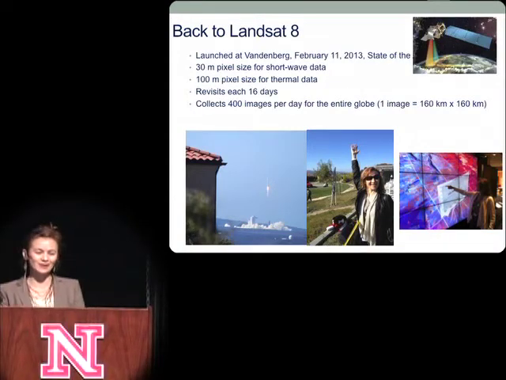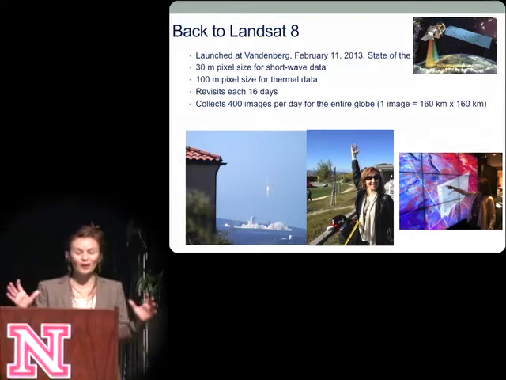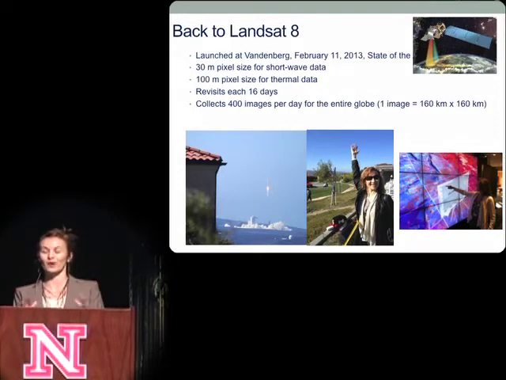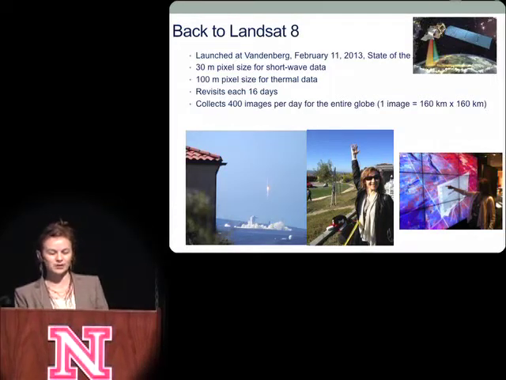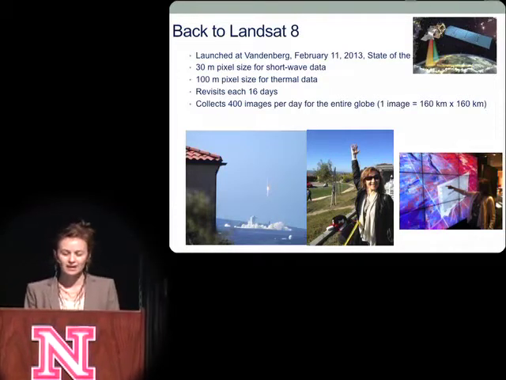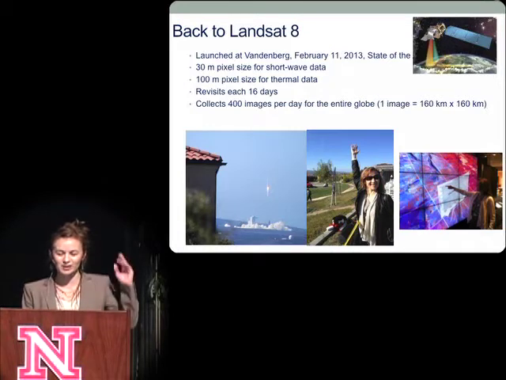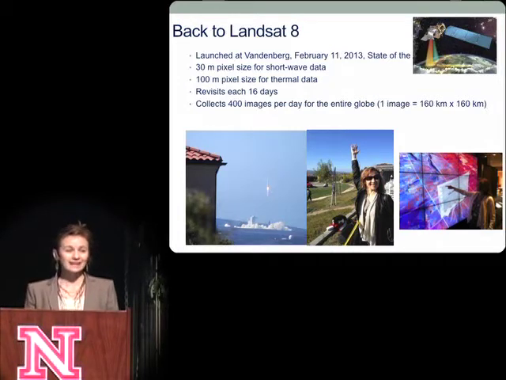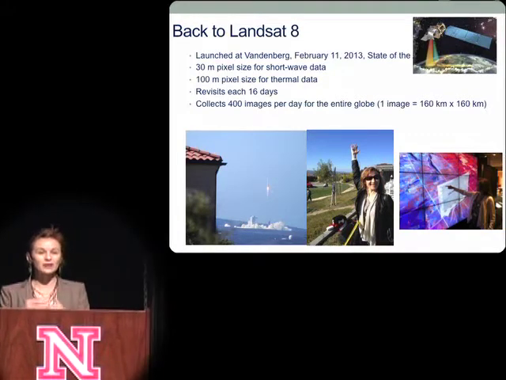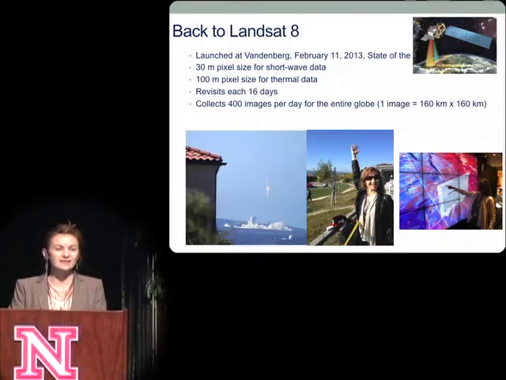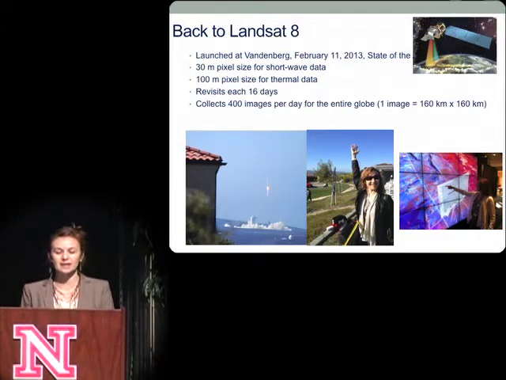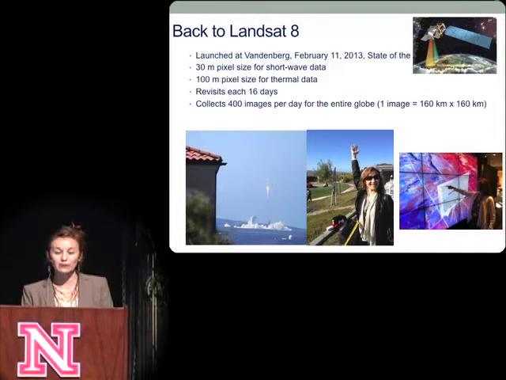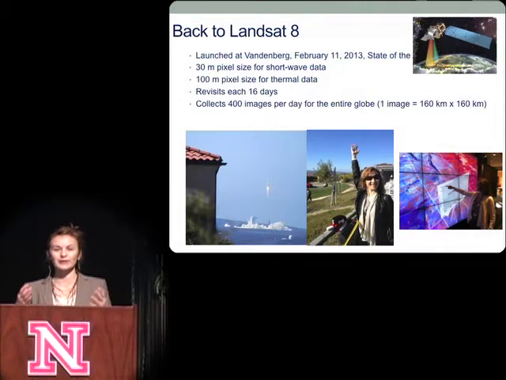Going back to Landsat 8, I didn't even post these pictures on my Facebook, so you guys are lucky to see them. These are pictures that I took, or some of my colleagues took while I was posing. I was lucky to witness the launch of Landsat 8 at Vandenberg Air Base in California on February 11, 2013.